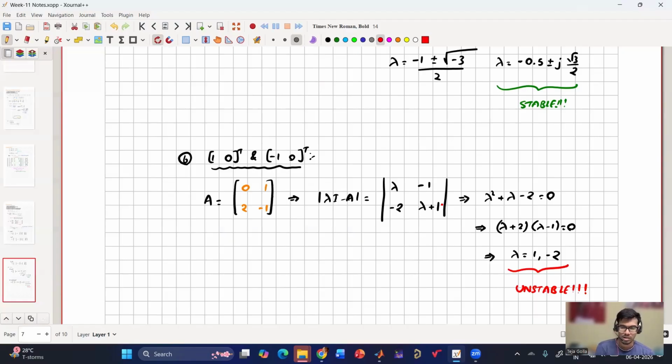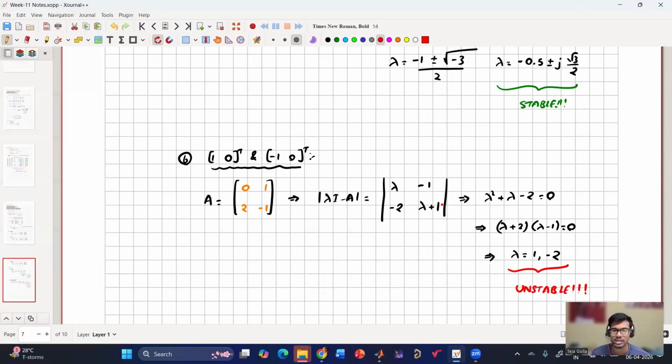In stability as well as instability, there are multiple categories. If we draw the plot of x1 and x2, it is called phase portrait. In that we can see how x1 and x2 are moving, and accordingly we can decide what type of stable it is.